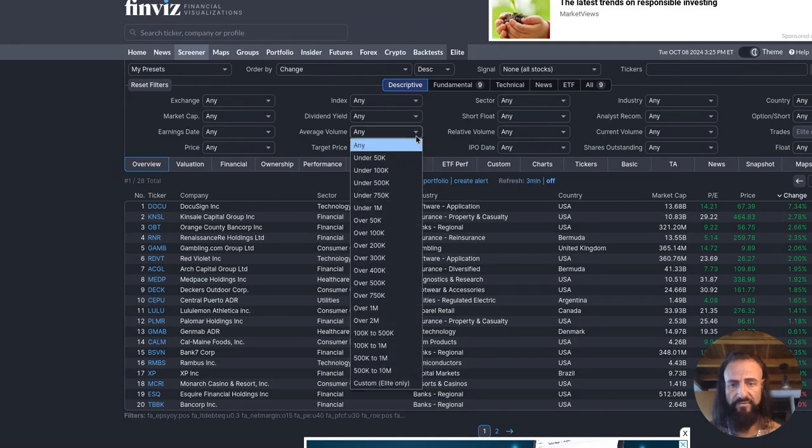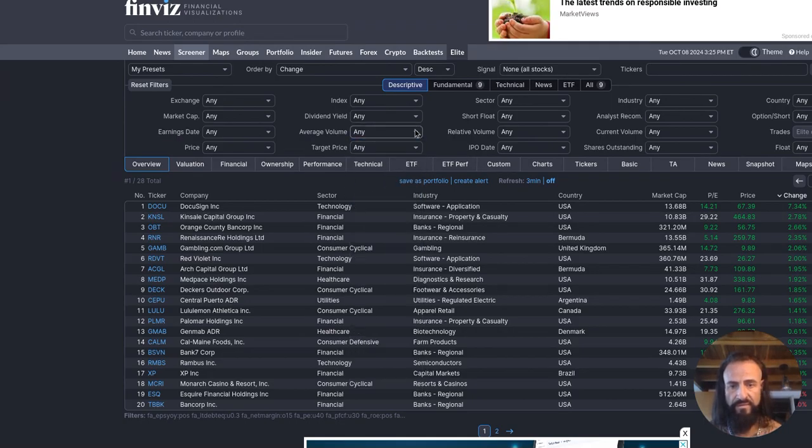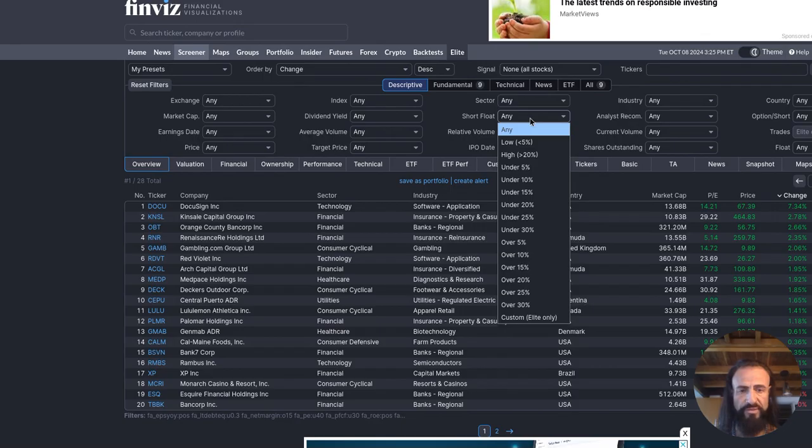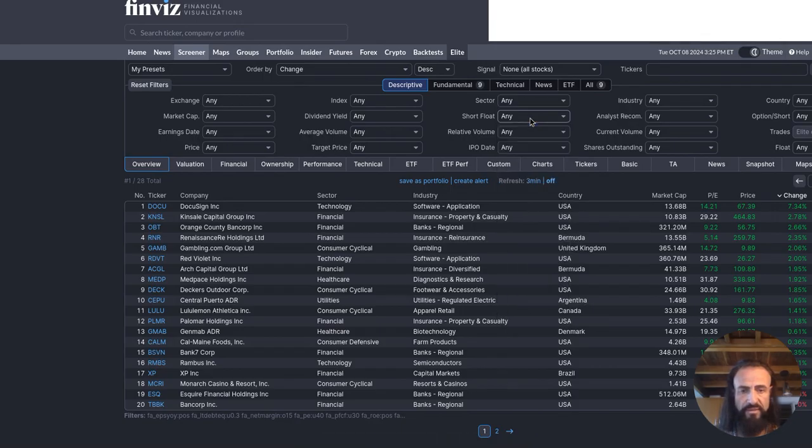The average volume, target price, if you're looking for any specific short interest, and so on.